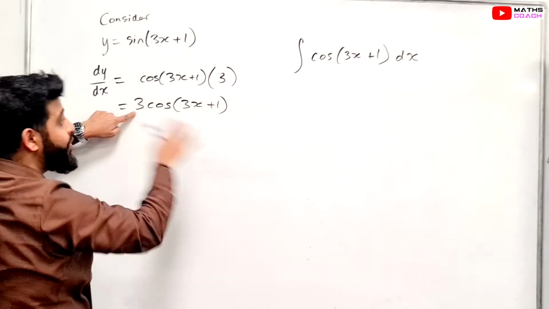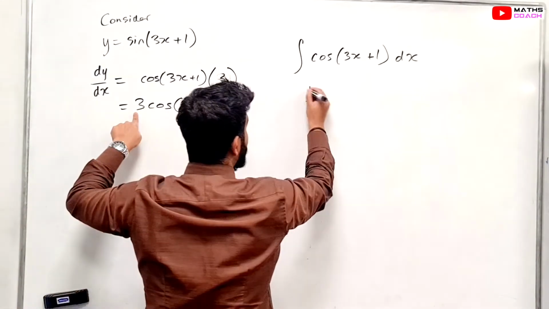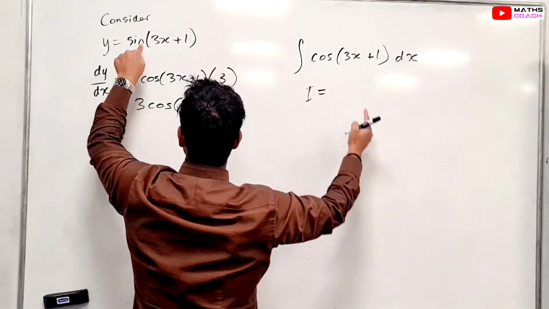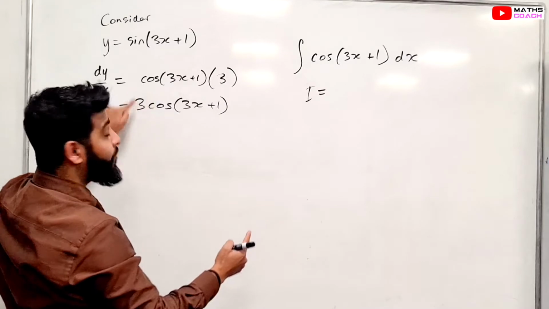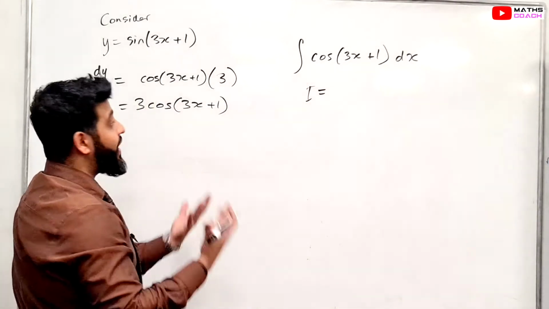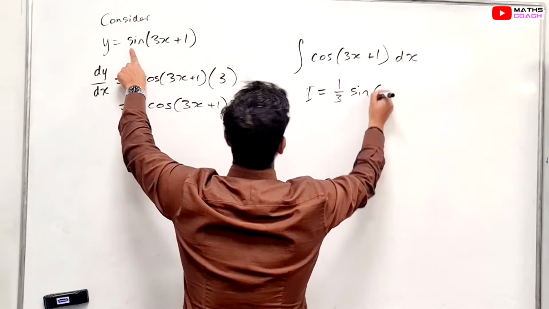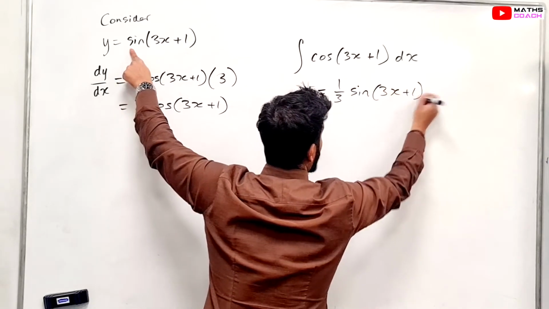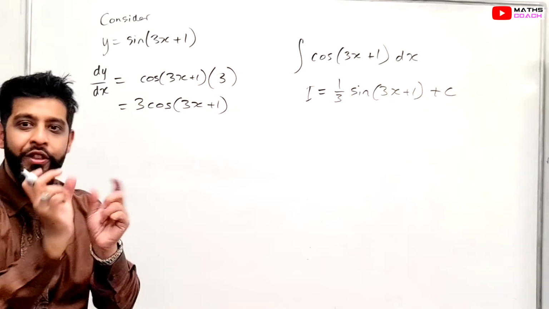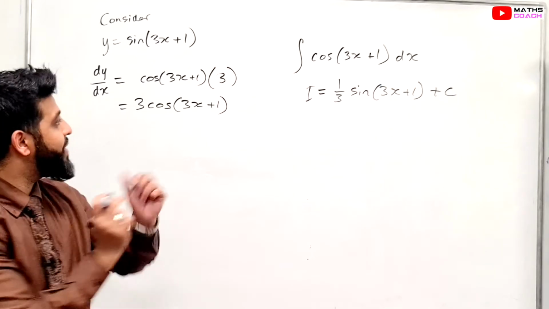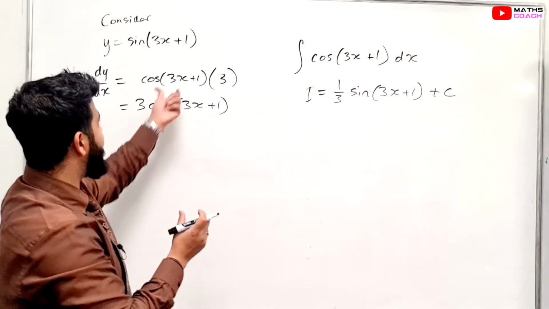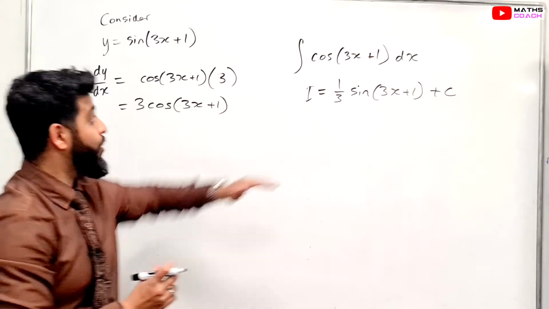So the integration of this will be that, but to get rid of a 3, you divide by 3. So it will be a third sine 3x plus 1 plus c. This is what the correction does. You make a little correction to make sure that you end up with what you're trying to integrate.